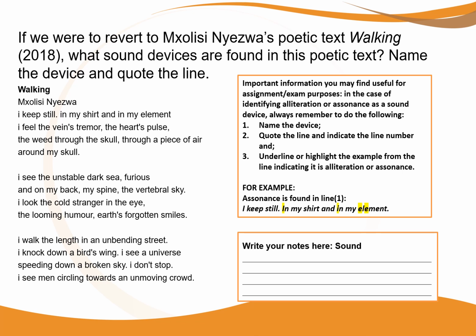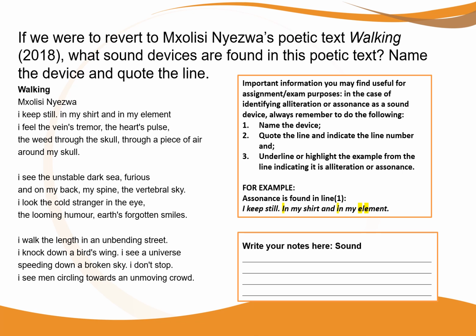So essentially, here you would have to name the device and quote the line. But I do have to stress that if, for example, you choose assonance or alliteration, you need to obviously state it is assonance.